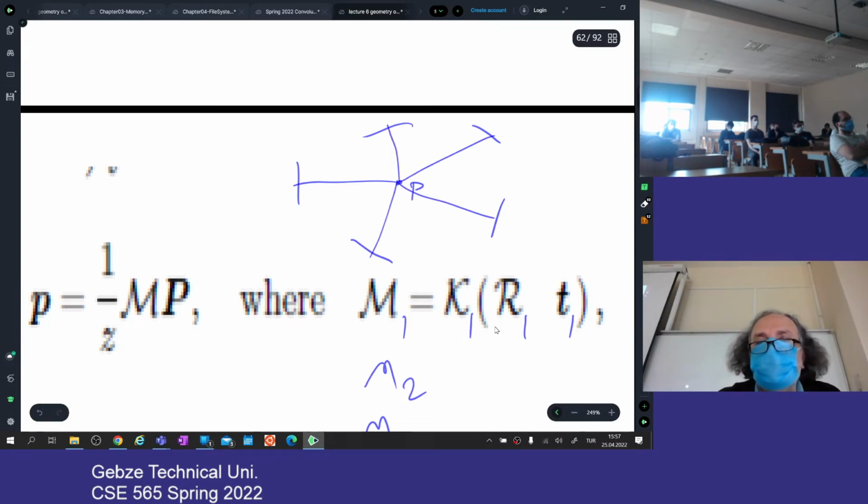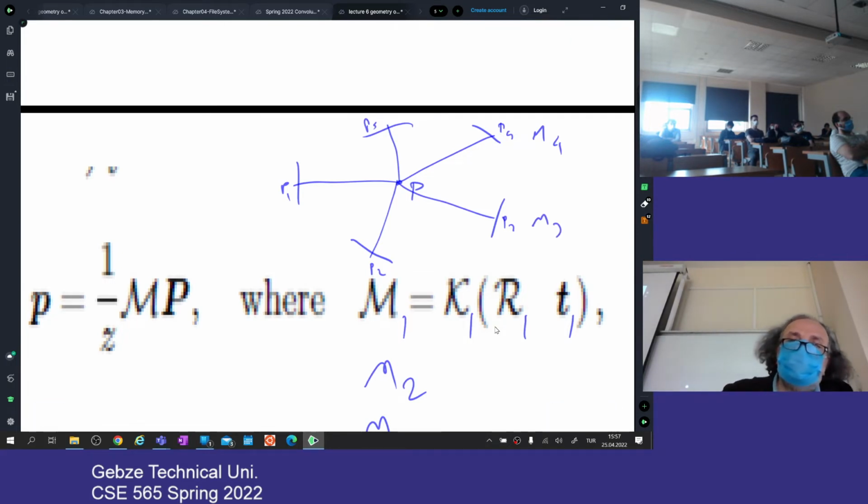I know that P1, P2, P3, P4, and P5 all correspond to each other. I know their matrices, M4, M3, etc. Calculate the depth, or the XYZ, of this P.